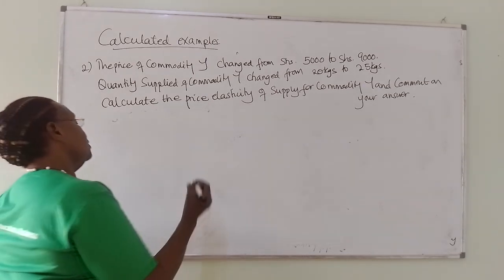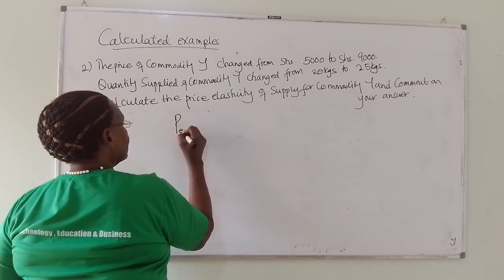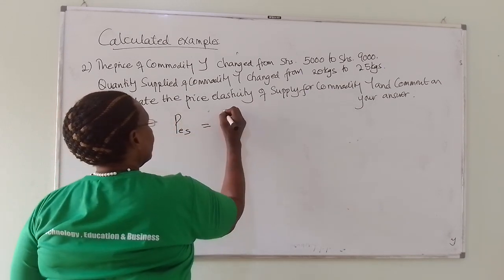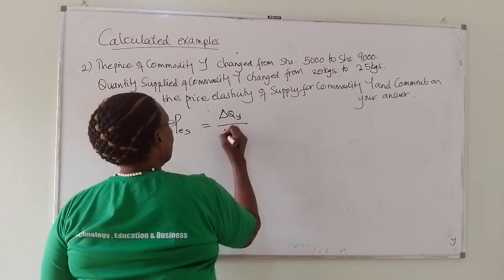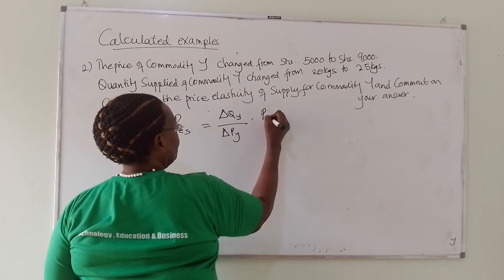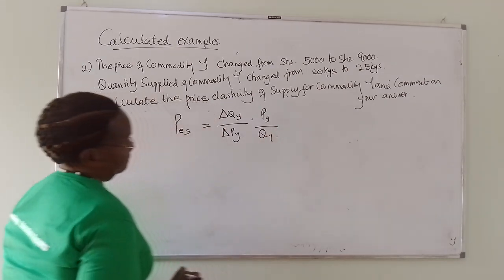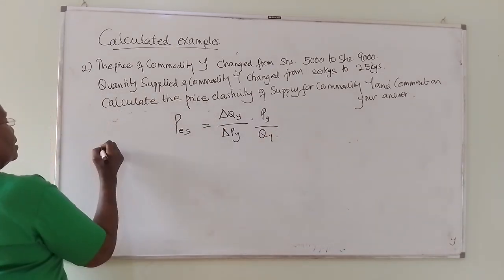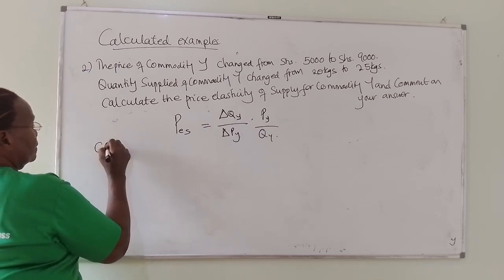As I've just mentioned, statement of a formula is paramount. Price elasticity of supply is given by change in quantity of commodity Y over change in price of Y, multiplied by original price of Y over original quantity of Y. What is our current quantity?